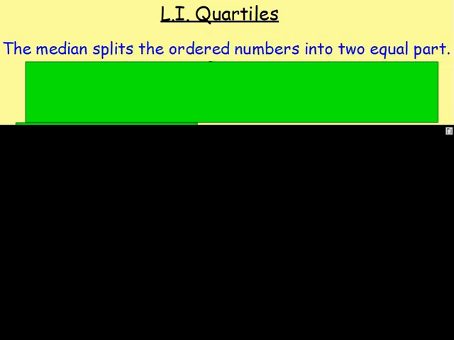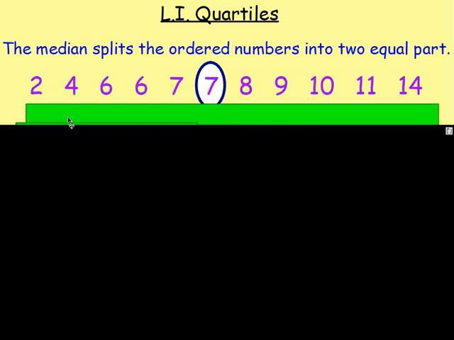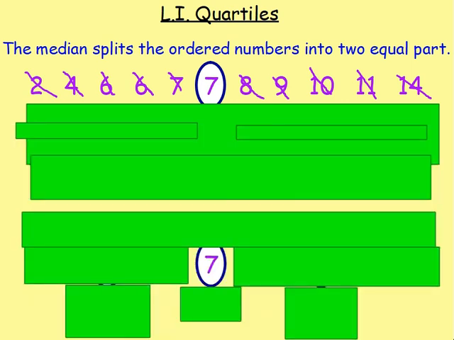And what it does is it splits your list of ordered numbers into two equal parts. For example, if we had to work out the median of these numbers, we could cross out one at this side, and one at this side, and so on, until we see that the number 7 is in the middle.